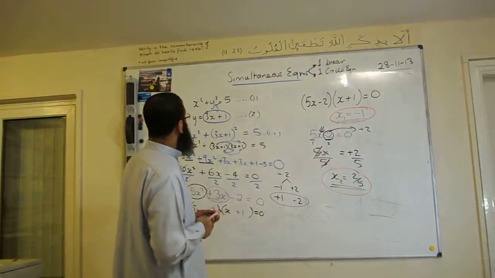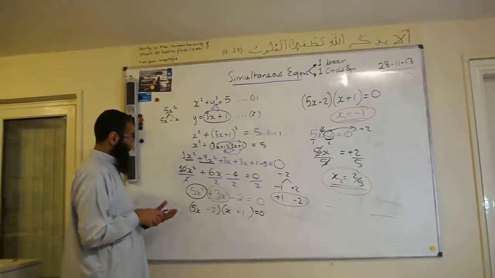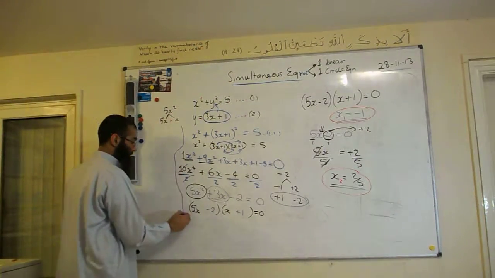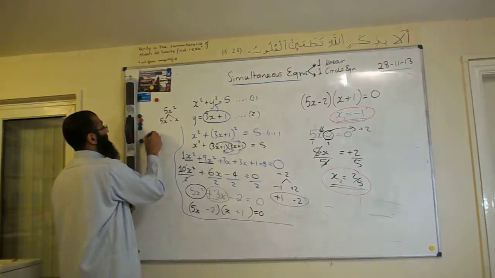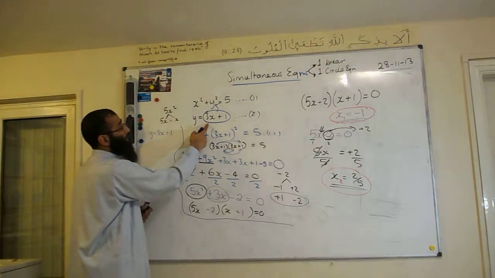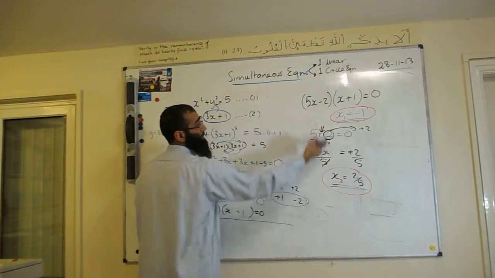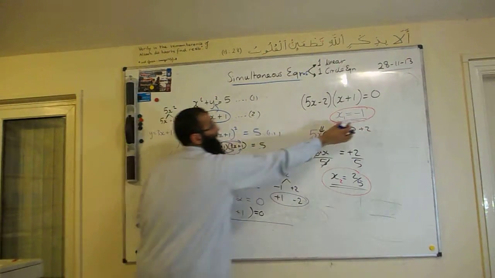Okay, we're running out of board space as well, so I think I'm going to use the space where you've got space on there. So here we go. y is equal to 3x plus 1 over here. y equals 3x plus 1 is the second equation. I'm going to get these two x values and put them into here. So we have here minus 1.